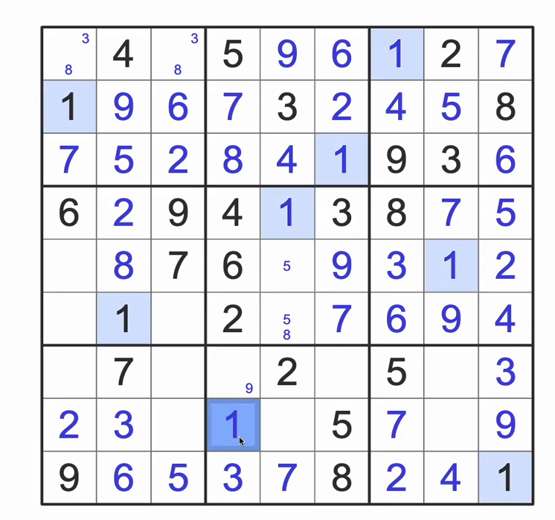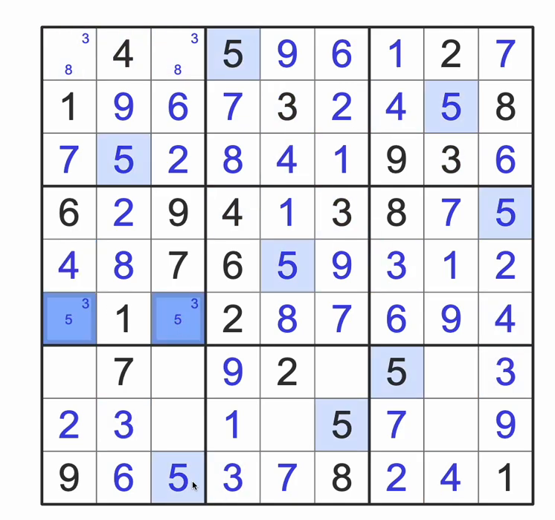The last number of this column is 9, which gives me 1, 9. Oh, this has been 5 already, and this is 8. And the last number of this row is 4. These are 3 and 5. So 5 here makes this cell 3, and this is 5.